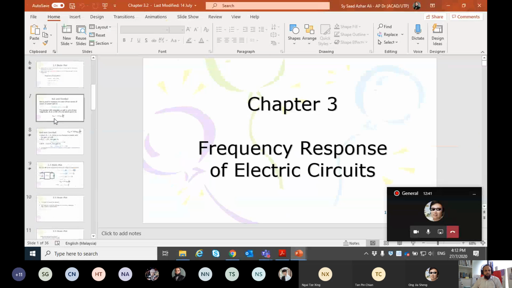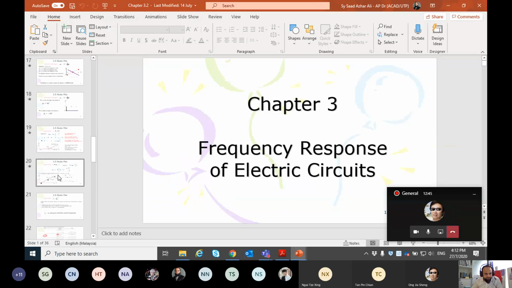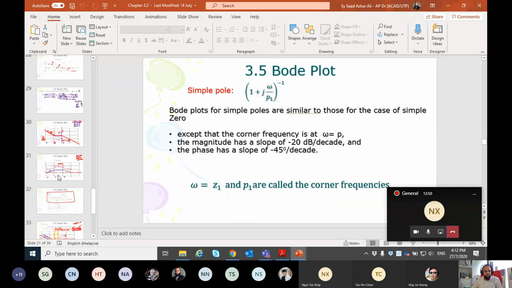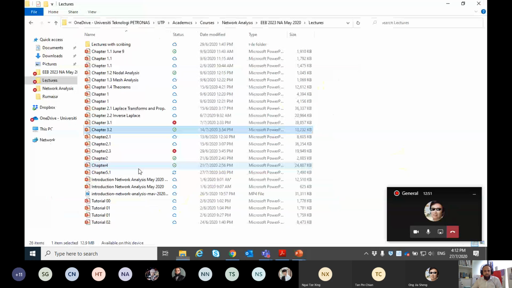Band pass filter. This is 3.2. 3.3 is it? Where is it? Oh, 3.1. Oh, chapter 4. Chapter 4, I'm sorry.